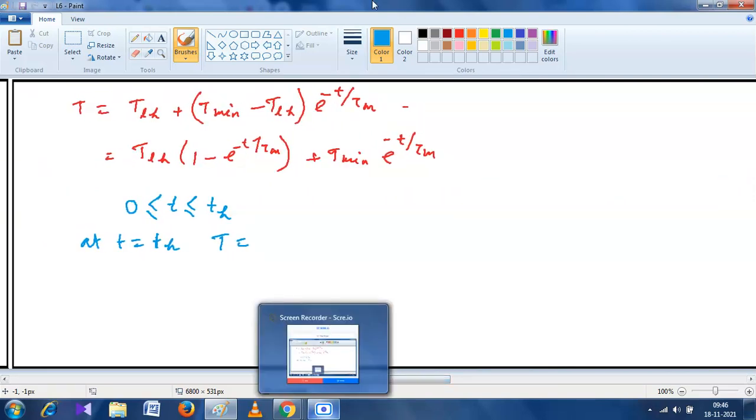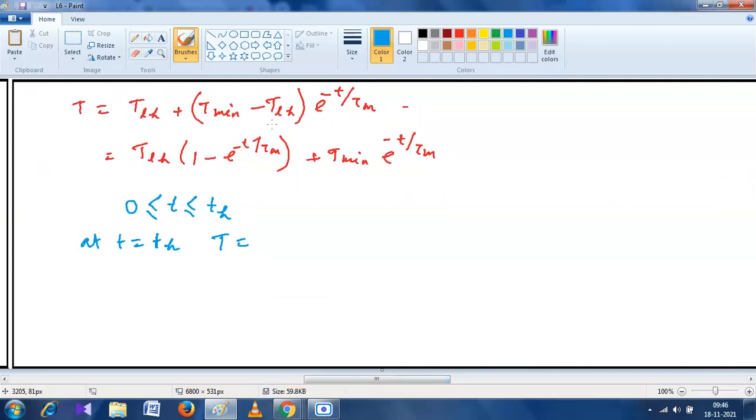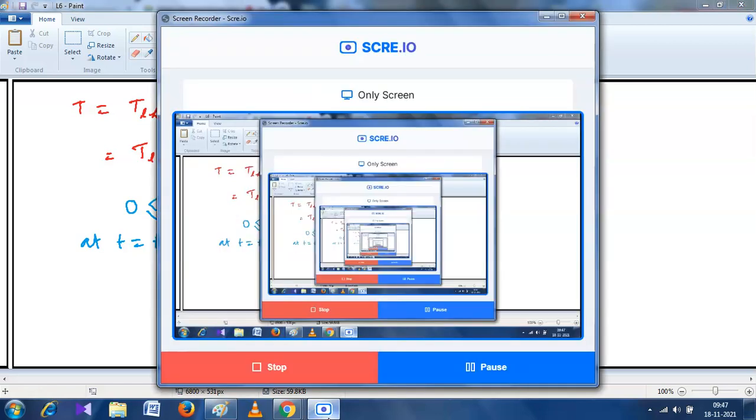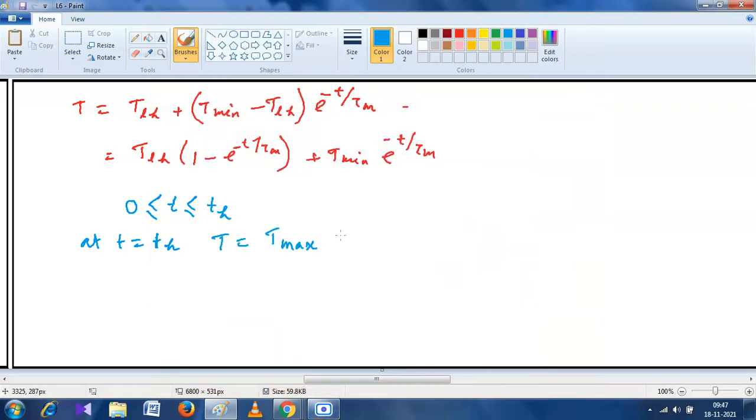That means the value of T is equal to T max. If we put that value in the above equation, what we get?